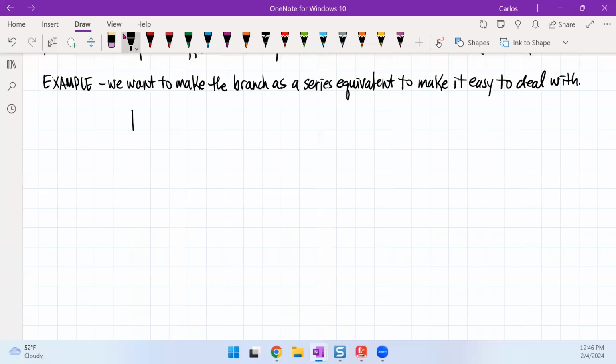I have a 1 ohm resistor connected to a 6 volt source, connected to a 2 ohm resistor, to a 12 volt source, and then finally to a 3 ohm resistor.